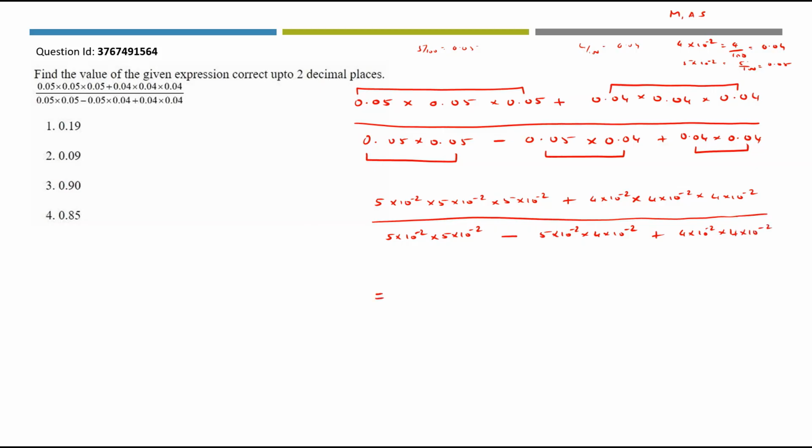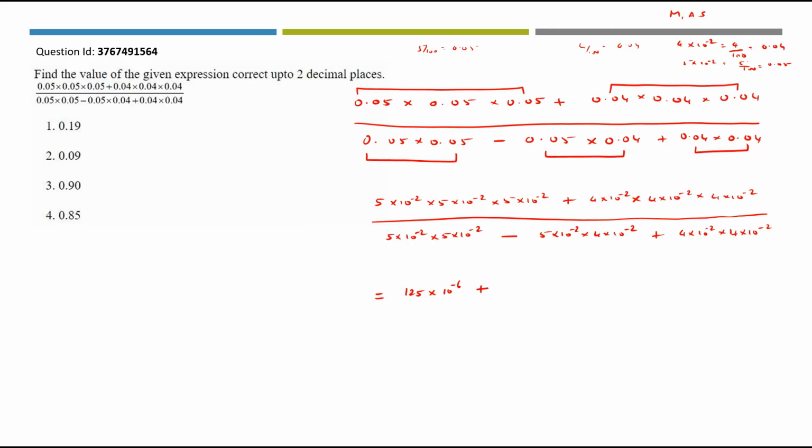Now just multiply. 5 into 5 into 5 will give you 125. And what is the power here? 10 to the power minus 2 three times will give you 10 to the power minus 6. We will have plus here.